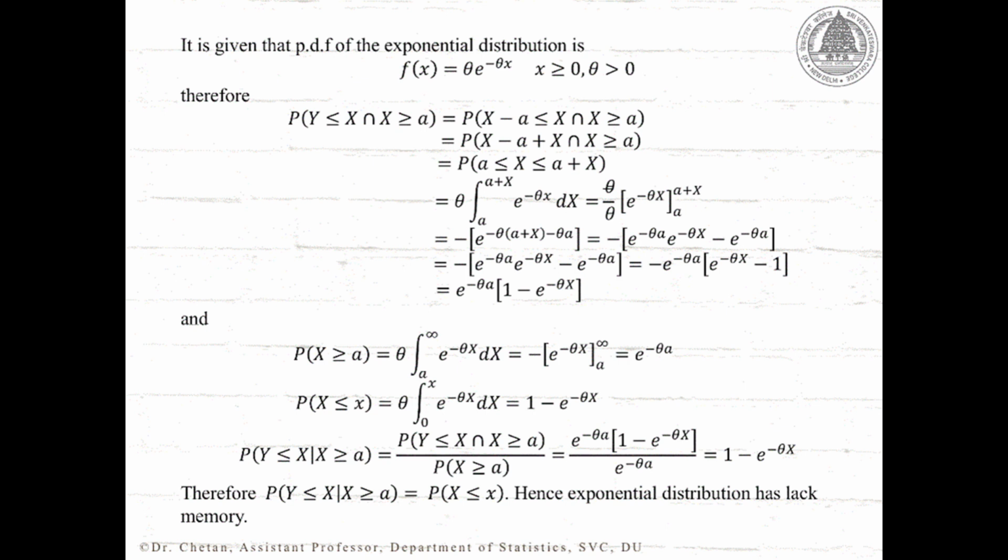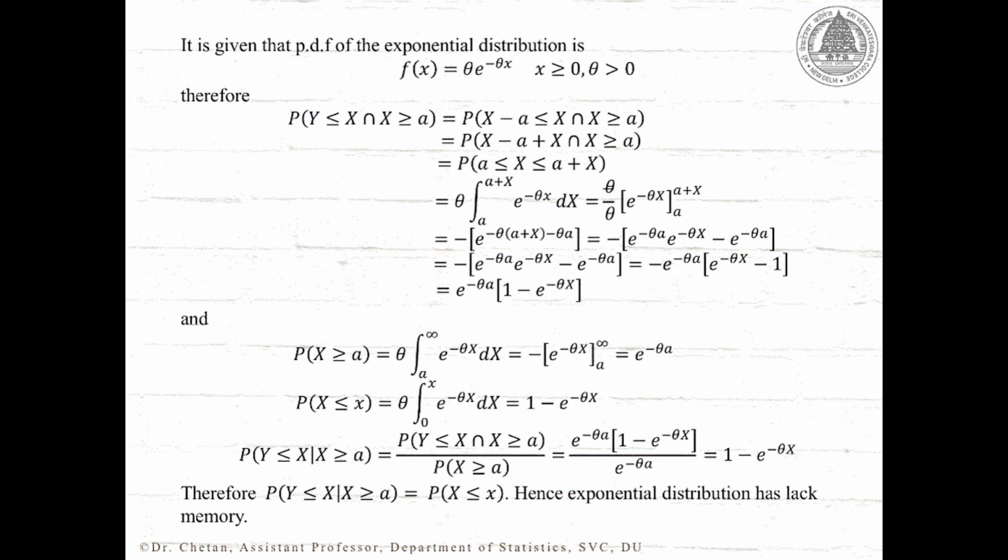And what is the probability that x is greater than or equal to a? It means we have to integrate from a to infinity, because x takes any value after a. Therefore, that probability is equal to theta into the integration from a to infinity of e raised to the power minus theta x dx, which is equal to e raised to the power minus theta a after solving the integral.